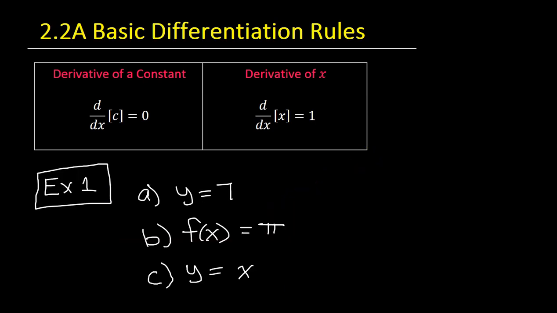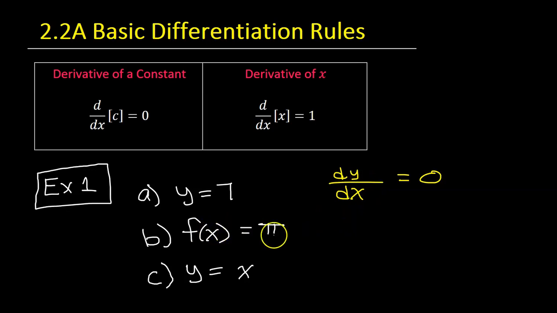Of course, these examples are really simple, but it gives us a chance to practice our notation. So if y is equal to 7, then dy dx is equal to 0. Remember that dy dx is one way of writing the derivative.